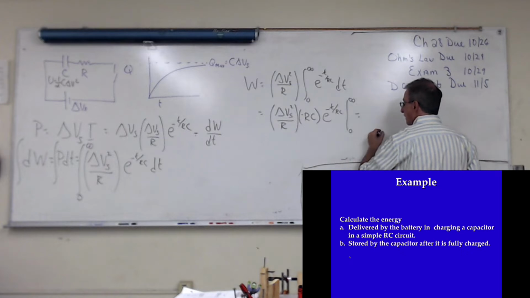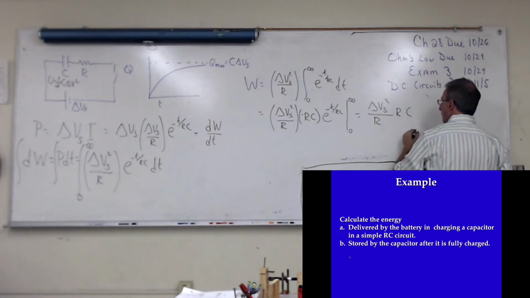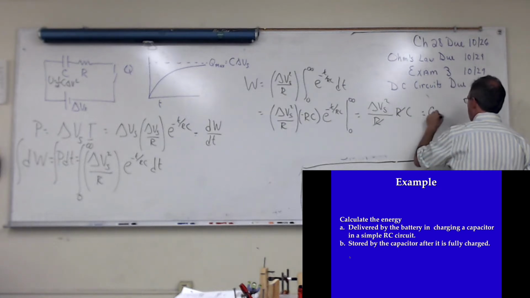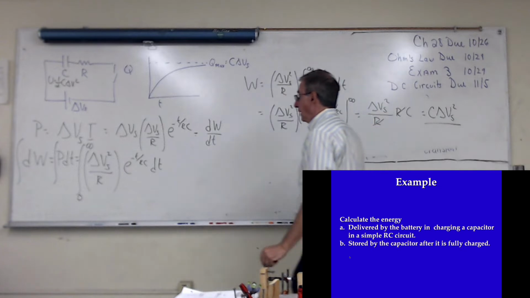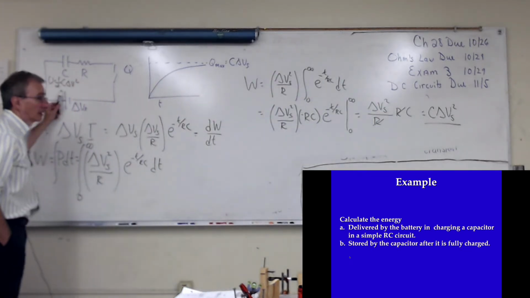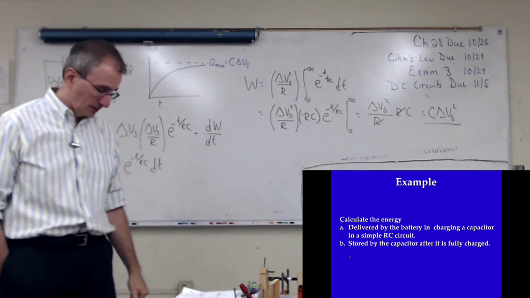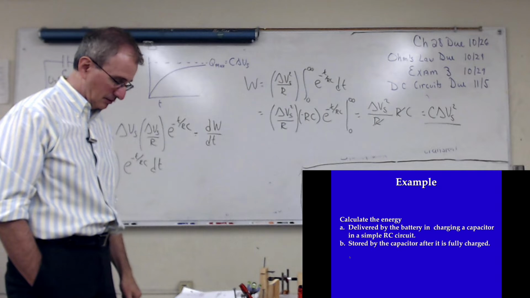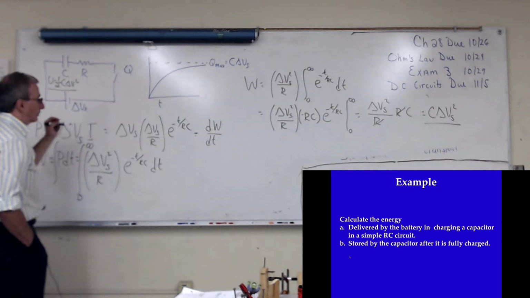So aren't I just going to get this? That's the energy delivered by the battery. And this is the amount of charge on the capacitor. Okay. I mean, we know this from chapter 26. I don't have to derive it.